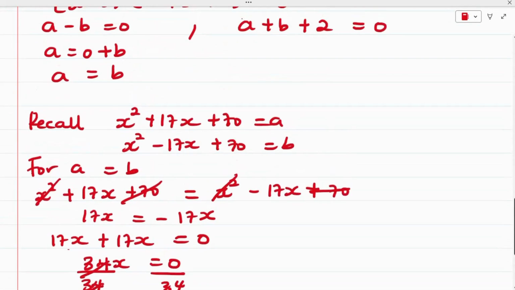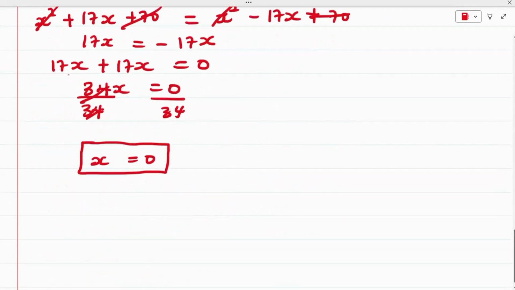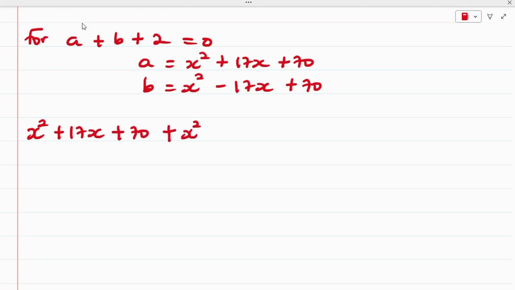Now we want to solve a plus b plus 2 is equal to 0. We know that a is equal to x squared plus 17x plus 70, and b is equal to x squared minus 17x plus 70. Putting this into the equation, we have x squared plus 17x plus 70 plus x squared minus 17x plus 70 plus 2 is equal to 0.